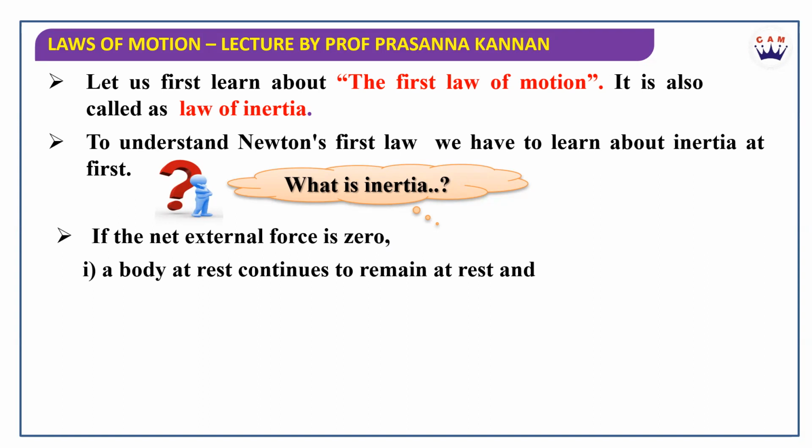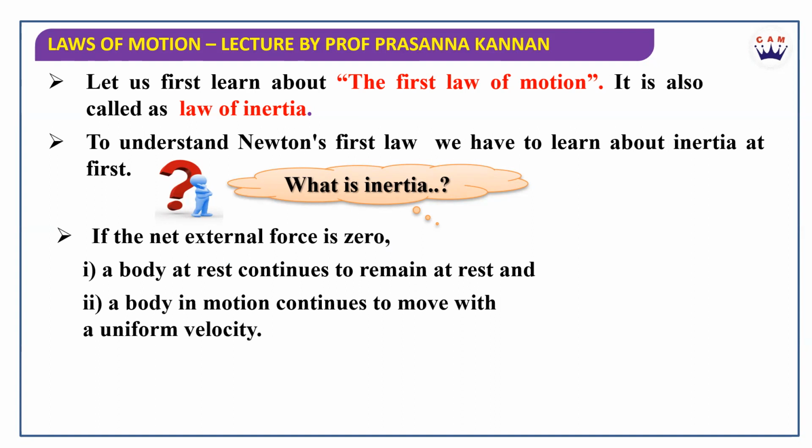So when the body is at rest, it continues to remain at rest. Yes or no? If a body is in uniform motion, then it continues to remain in uniform motion. Is that clear? What velocity does it move with? Uniform velocity. Uniform velocity means what? Constant velocity. Why is the velocity constant? Acceleration is zero. Why is the acceleration zero?